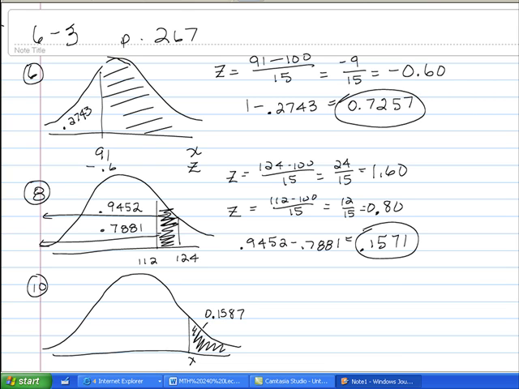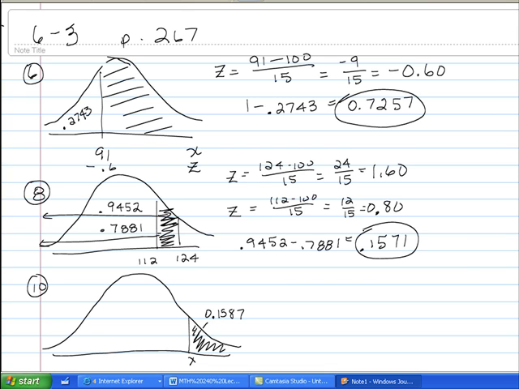Find the indicated IQ score and round to the nearest whole number. The graphs depict IQ scores of adults. Those scores are normally distributed with a mean of 100 and a standard deviation of 15. So in number 10, we have a positive x or a positive z-score that's yielding an area of 0.1587 to the right of that z-score.